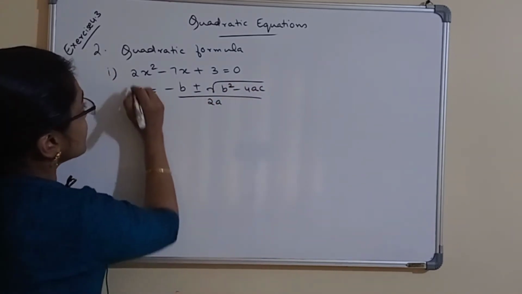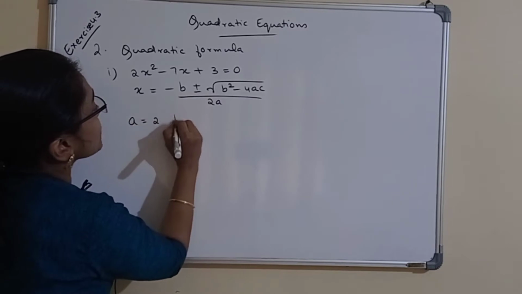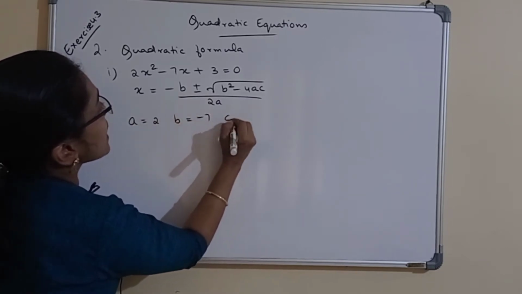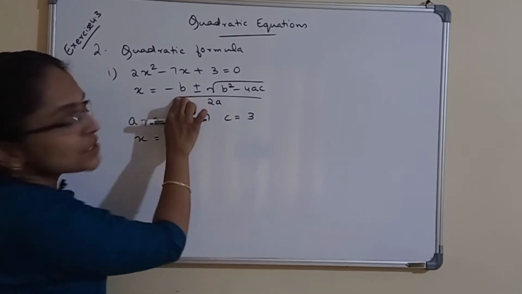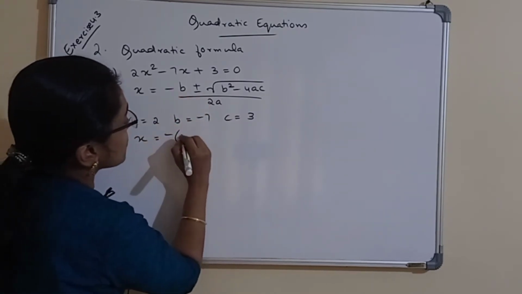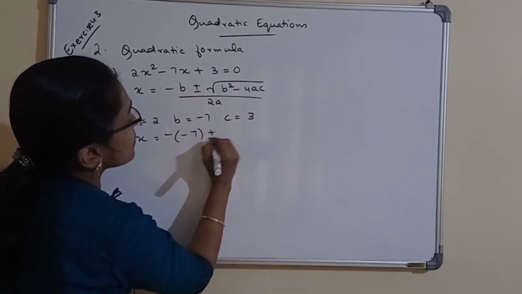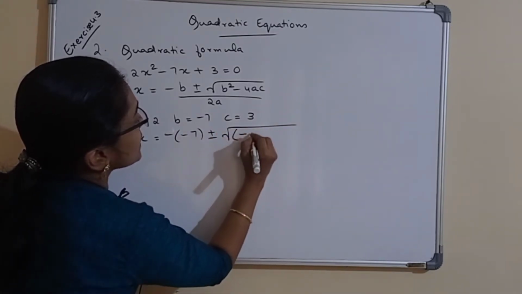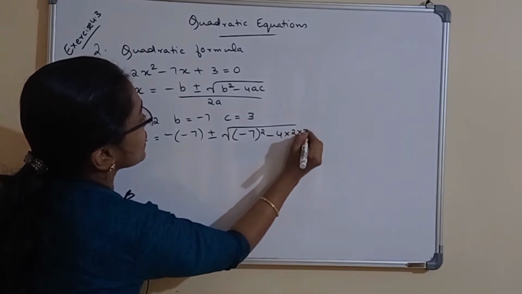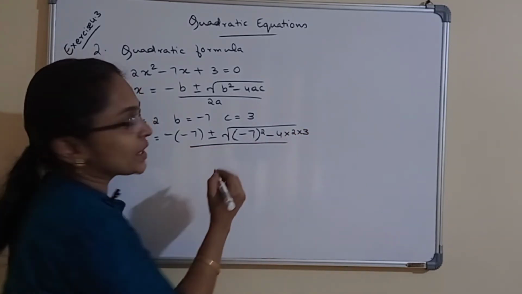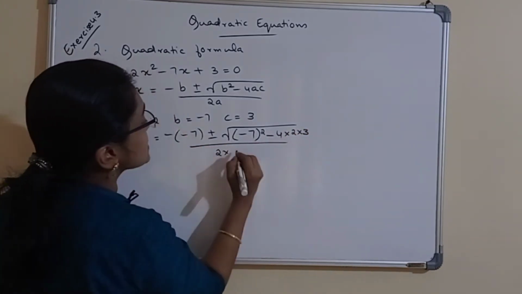And here a is equal to 2, b is equal to minus 7 and c is equal to 3. Now substitute that here: x is equal to minus of minus 7 plus or minus root of minus 7 the whole square minus 4 into 2 into 3 by 2 into a, which is 2.